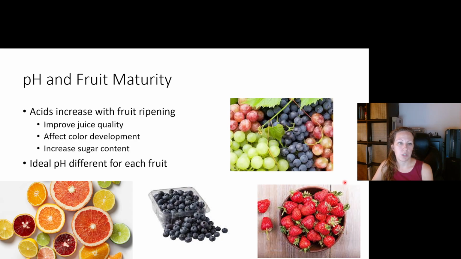The ideal pH is going to be different for each fruit. But if you just think about it, blueberries, the worst blueberries are bland, not tart, just yuck, right? But usually if it is starting to pick up some tartness, it comes with some sweetness, right?